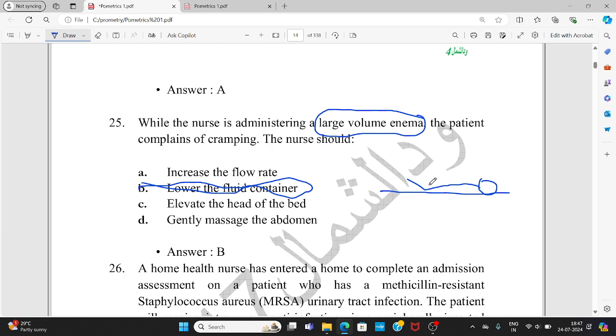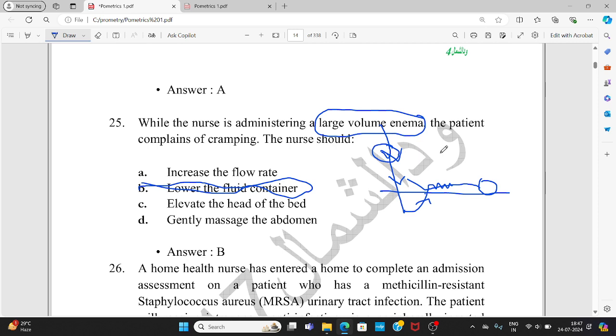Patient is lying down, and mostly you will have the side lying position with the leg flexed, and the nurse will be standing. Suppose the nurse is standing here, and this is the enema can, which is attached. So you have the patient's bowel. So you have the fluid that is flowing into the patient's bowel and into the intestine. So this is how the fluid is going.